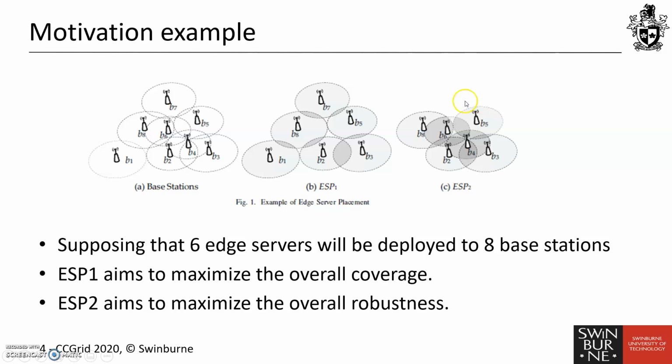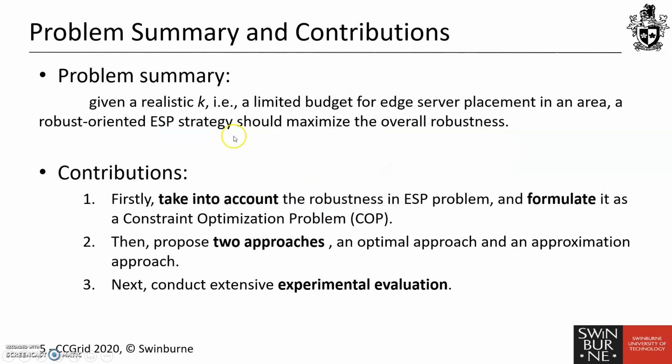So the robustness in this strategy is much higher than in Figure B. Now for the problem, it means we want to place k edge servers on n base stations to maximize the overall robustness. So it's also called the KESP problem in this paper.